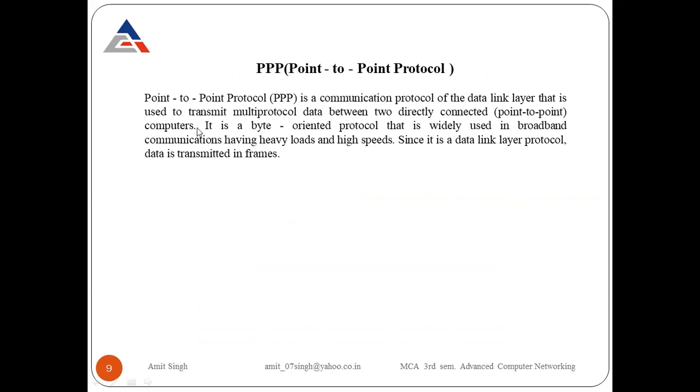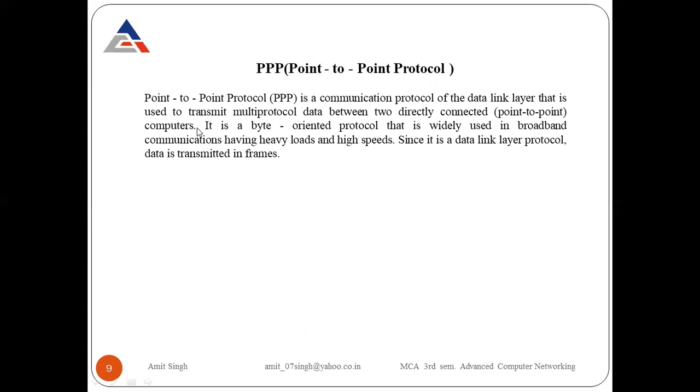It is also a communication protocol like HDLC, but the difference is there. This protocol transmits multi-protocol data between the two systems who are directly connected. So that's why its name is point to point.